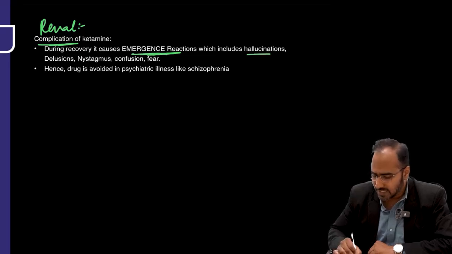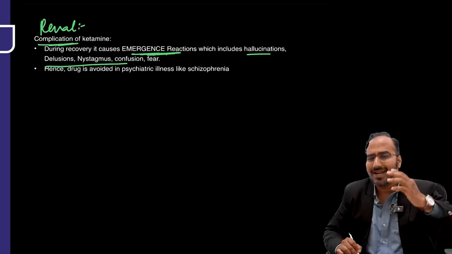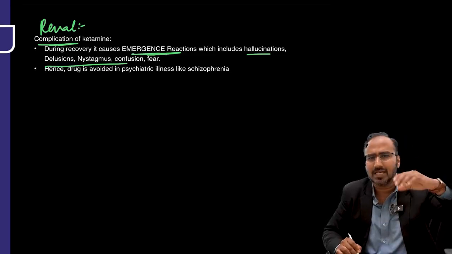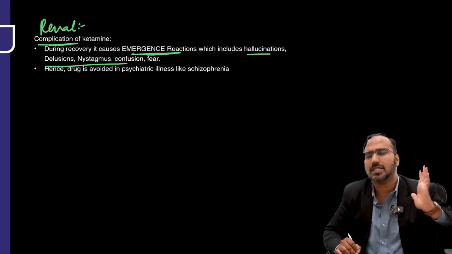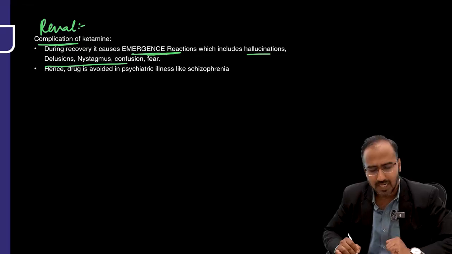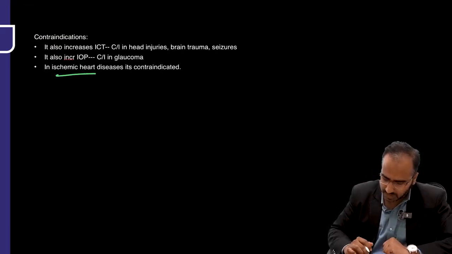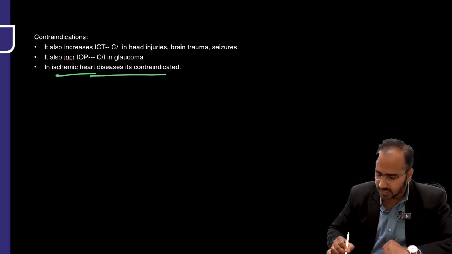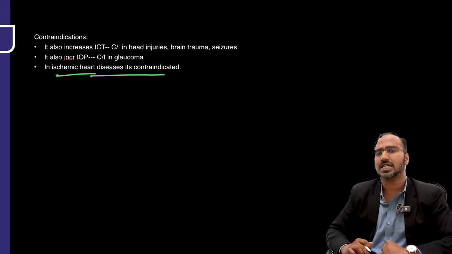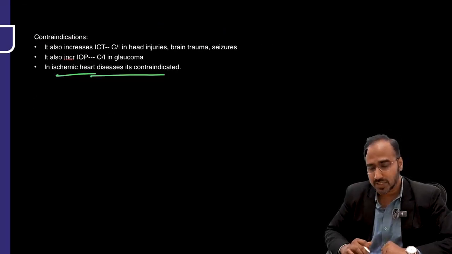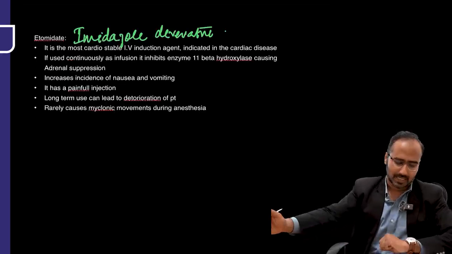We have already discussed hallucination, delusion, nystagmus, confusion, and fear. Right? So contraindications all come from the CNS. One extra contraindication is on the CVS, that is ischemic heart disease. Ketamine is contraindicated in ischemic heart disease. Okay? That's regarding ketamine. Coming to the last IV induction agent, that is called etomidate.